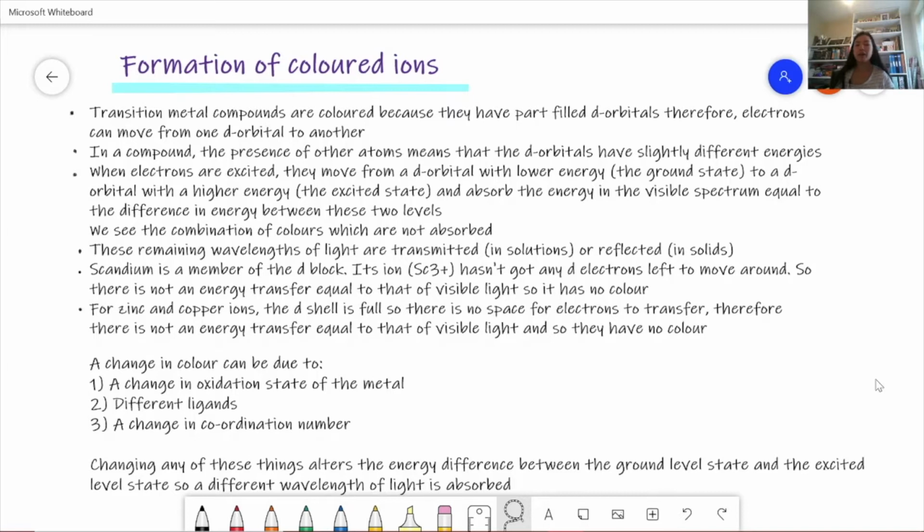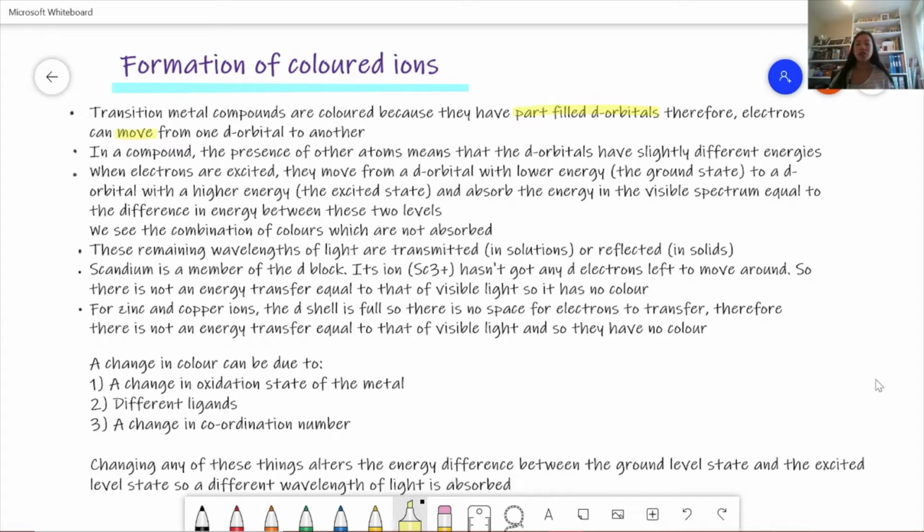Now we're going to talk about the formation of coloured ions. Transition metal compounds are coloured because they have part-filled d orbitals. And this means that electrons can move from one d orbital to another. In a compound, the presence of other atoms means that the d orbitals have slightly different energies.